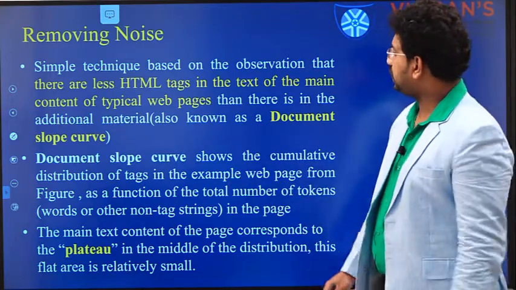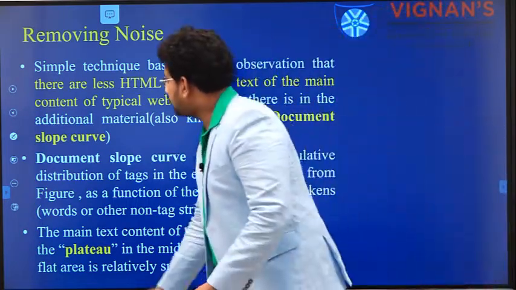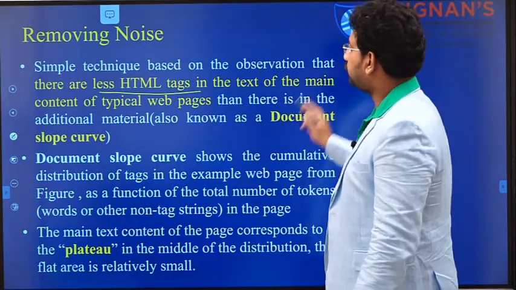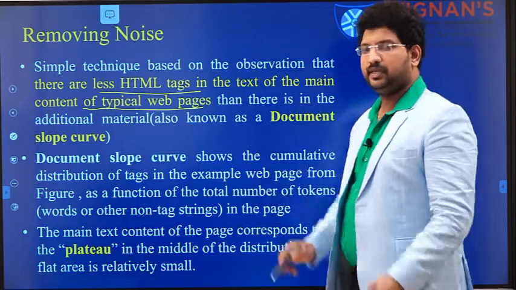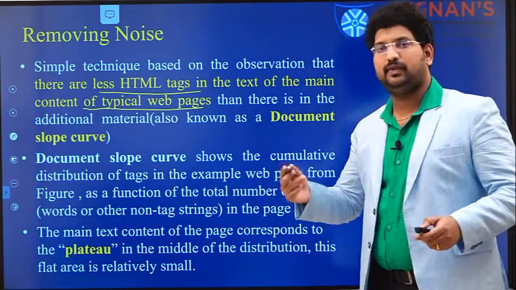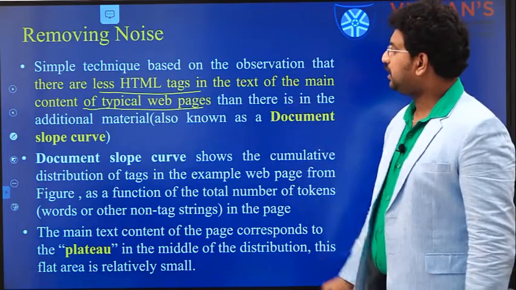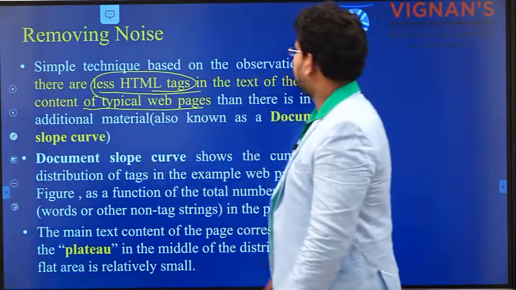Here is one technique based on observation. There are fewer HTML tags in the text of the main content of a typical web page. The main content of the web page consists of fewer tags. This is the important point, just keep it in your mind.